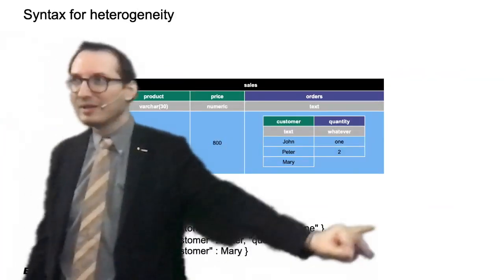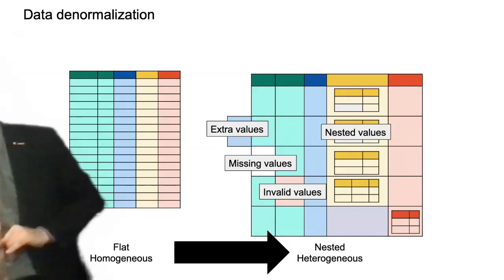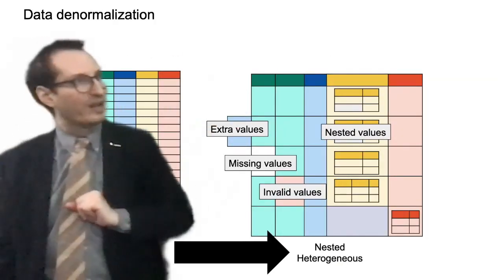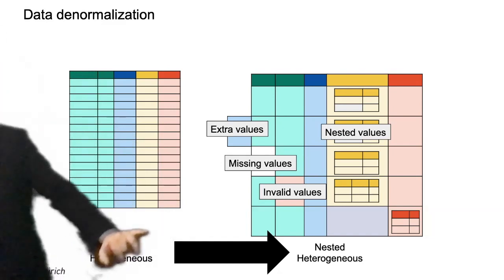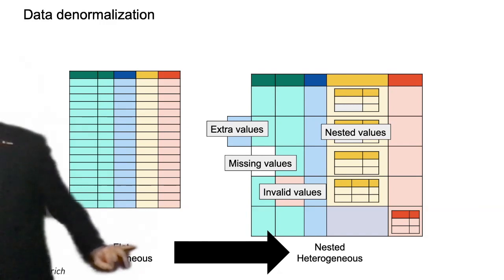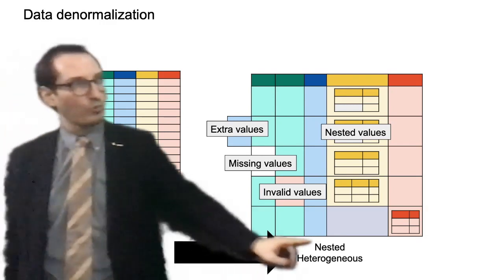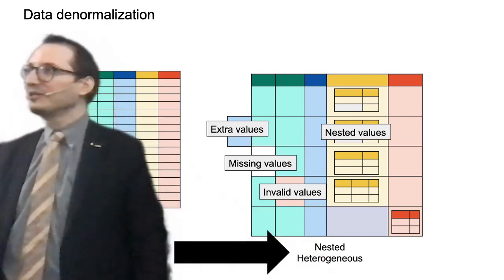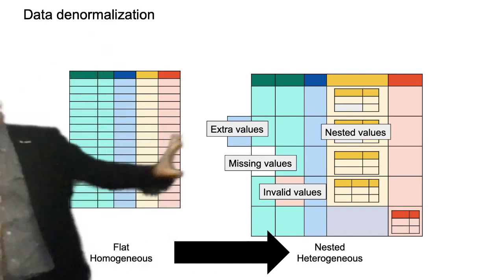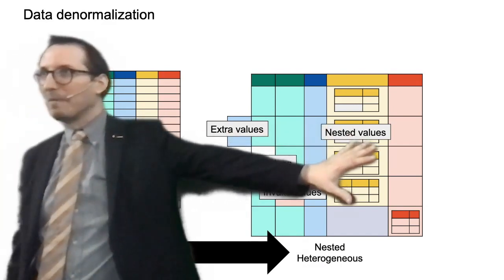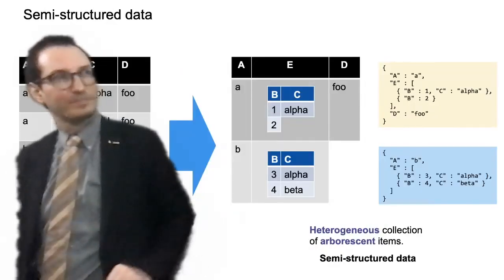Just add a comma and then the extra attributes, and it will just work, right? And that's it. So you can break all of that. And what you're doing when you break all of these rules is that you go from the wonderful world of flat homogeneous SQL to the even more wonderful world of nested heterogeneous data sets, right? This is the land of CSV. This is the land of JSON and XML, okay?